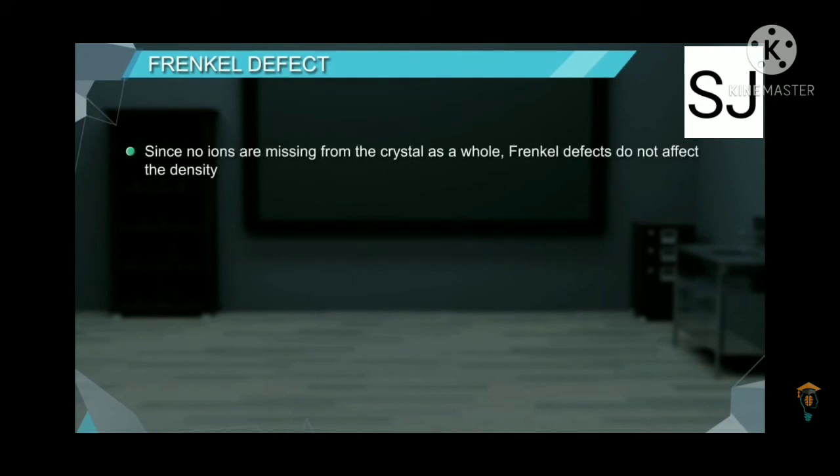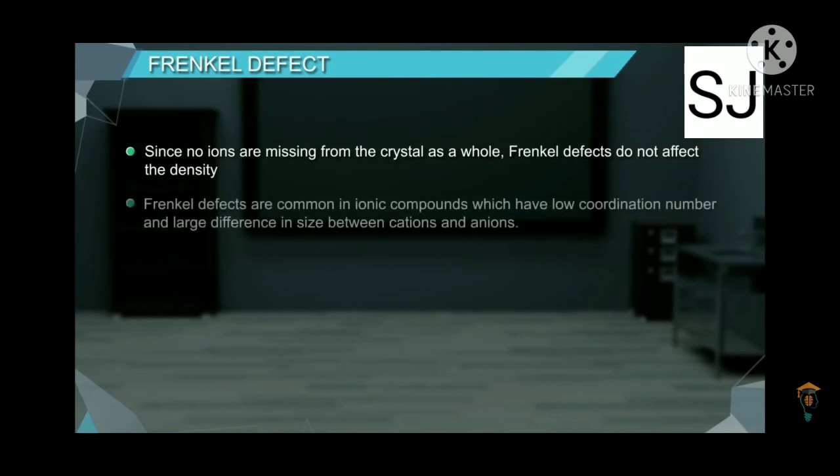Since no ions are missing from the crystal as a whole, as I have already told you, Frenkel defect does not affect the density. So please keep it in your mind that Frenkel defect does not affect the density.